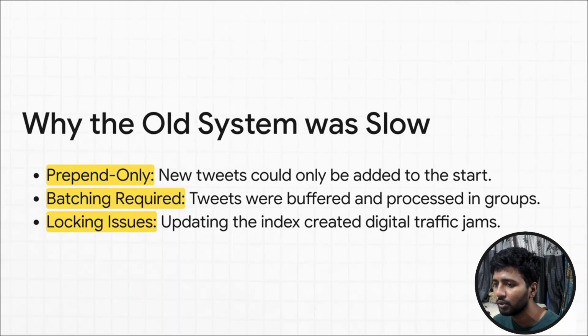Why was the older system slow? We discussed batching earlier, what batching is and how it works, and we will discuss prepend only. Prepend only means the new tweets appear at the head of the linked list, at the start of the linked list. The second point was locking issues.